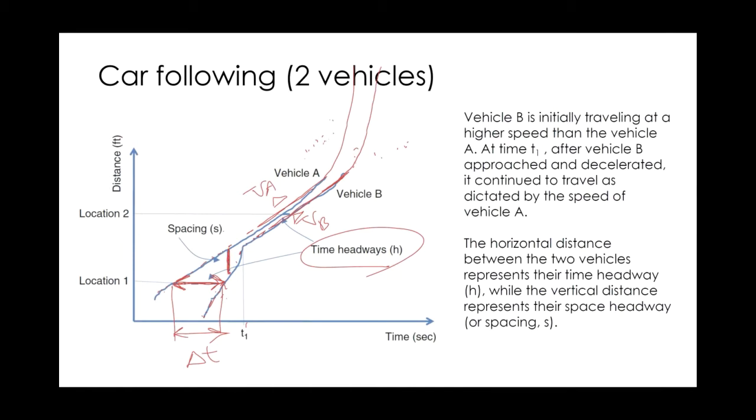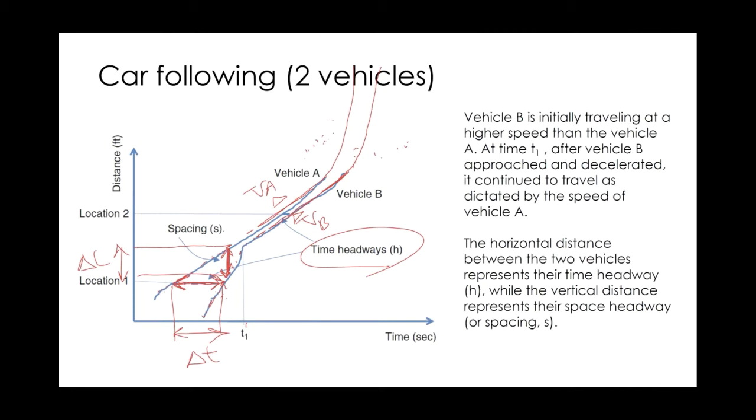However, the vertical distance between the two trajectories on a time-space diagram, so again, the vertical distance between these two vehicles, is going to be delta x or delta L, whatever we call it. This one represents the spacing, or the distance between the two vehicles.